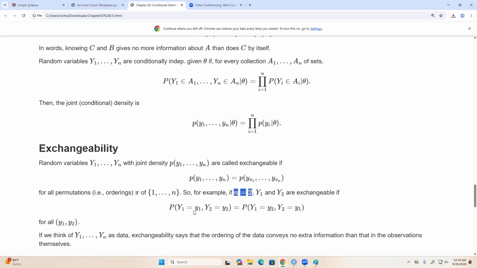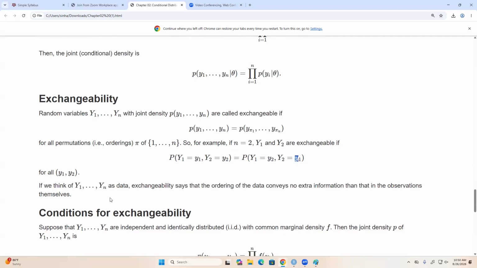What it means is that the joint probability that the first random variable equals little y1 and the second equals little y2 is the same as the joint probability that the first equals little y2 and the second equals little y1. It means the ordering of the data conveys no information other than the observations themselves.